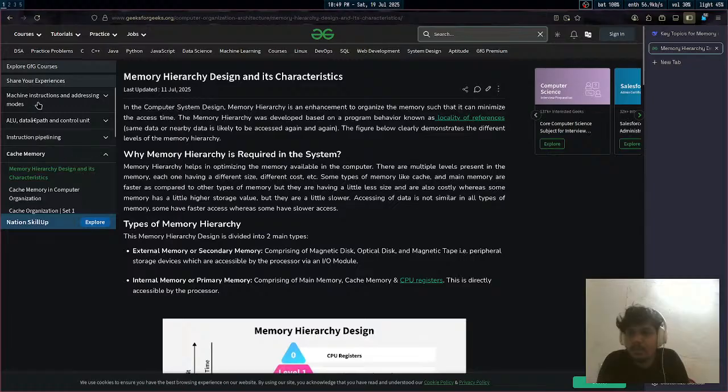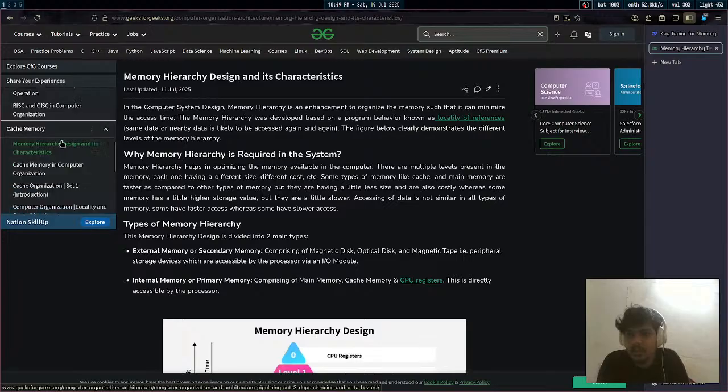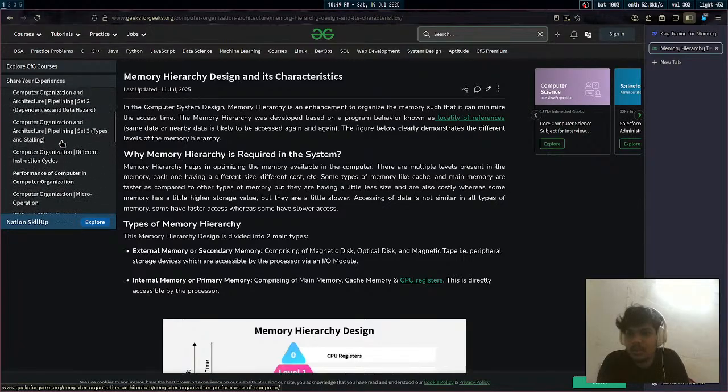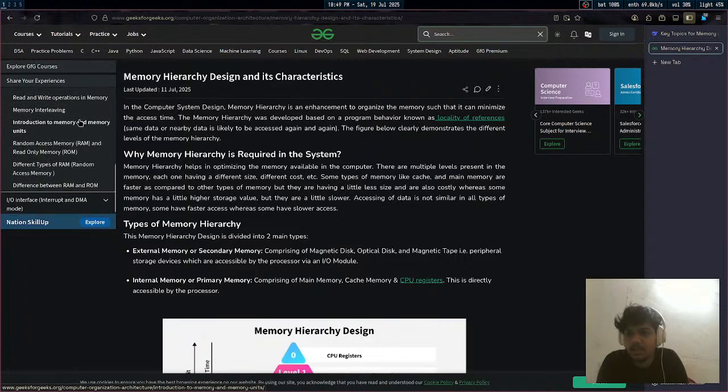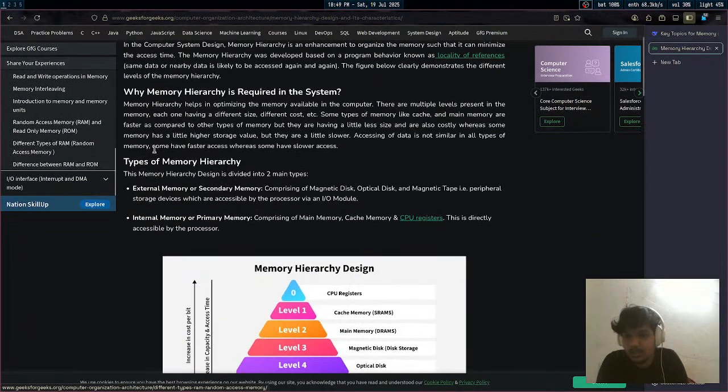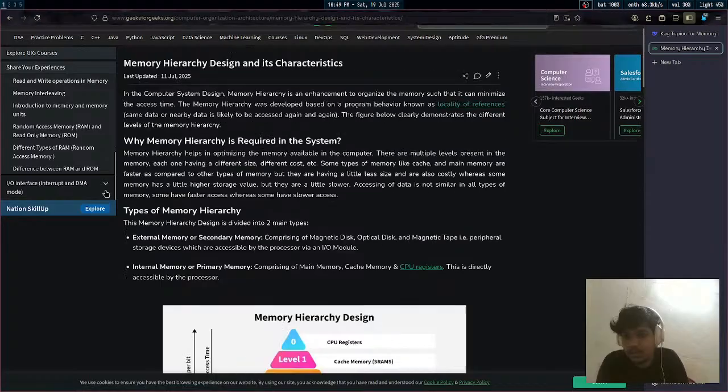So what does this come under? Because I was recently studying about instruction pipelining as well. So this is pretty nice that I have all these side by side, because even it has interrupts and DMA. Let me check if I have to cover interrupts and DMA as well.